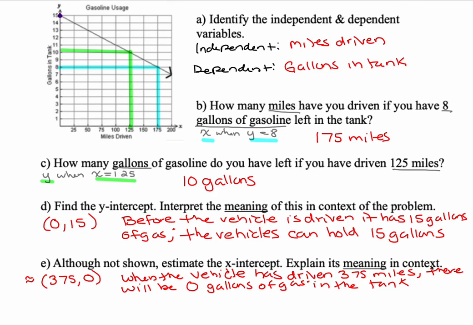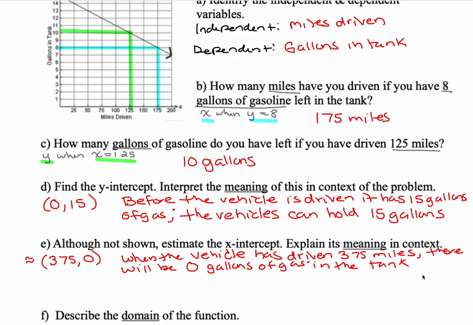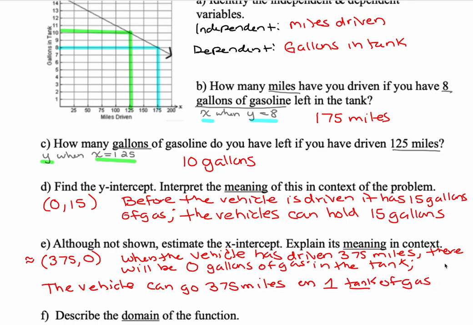So that means that really, before it has to stop for more gas, it can drive 375 miles on one tank of gas. So I'm going to write that. The vehicle can go 375 miles on one tank of gas before it breaks down and you have to fill it up with more gas.